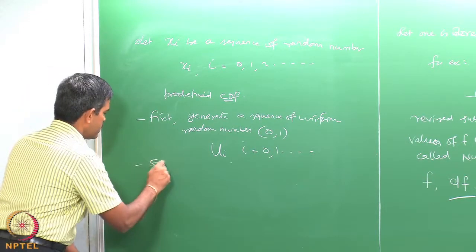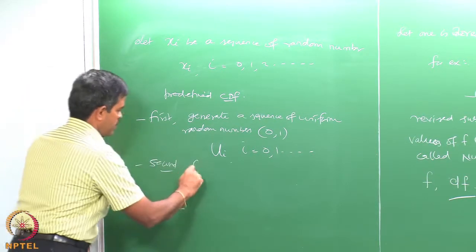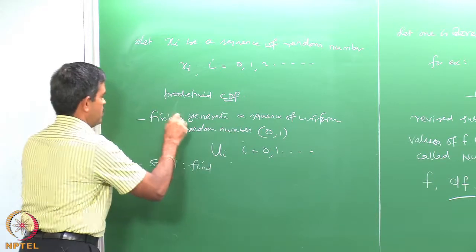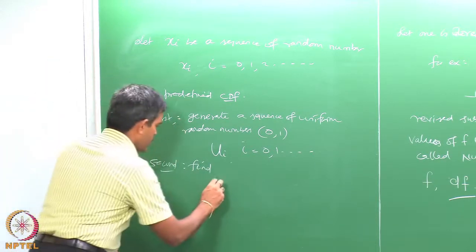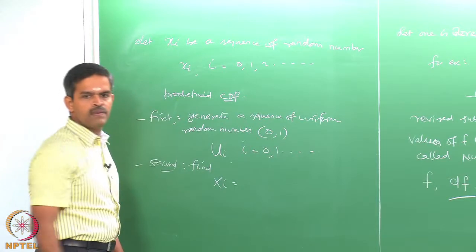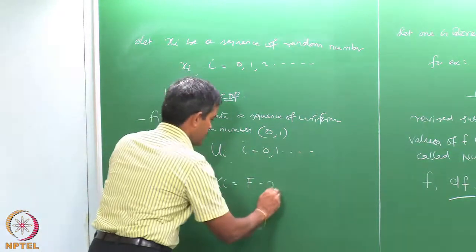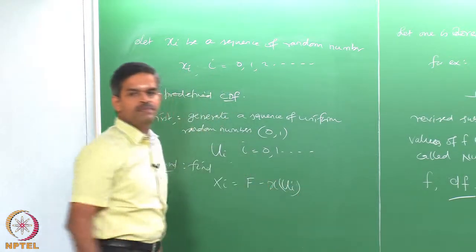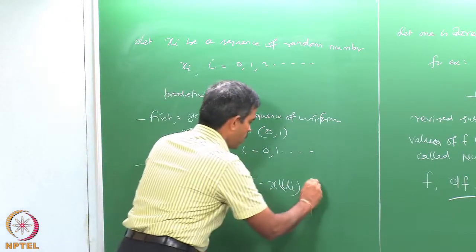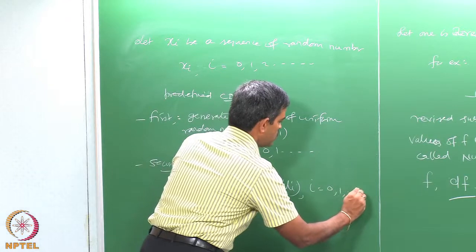Then determine xi as F inverse of ui, where i varies from 0, 1, 2 etc.